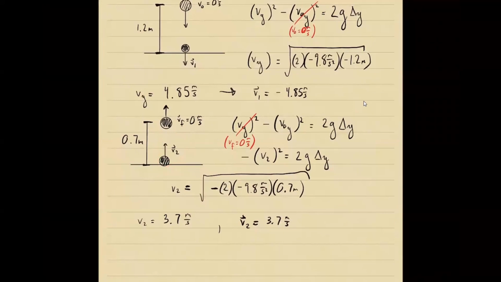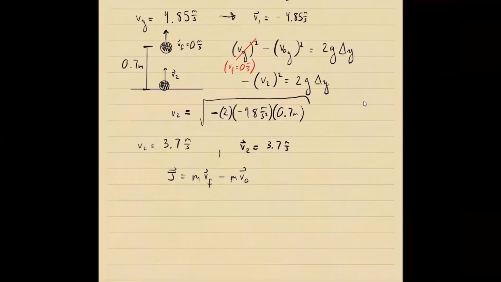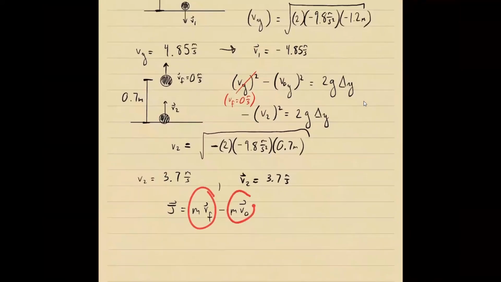So going back to our impulse problem, the impulse is equal to the mass times our final velocity minus our mass times our initial velocity, our final momentum minus our initial momentum. And we can factor the m out. So it's going to be our final velocity minus our initial velocity.